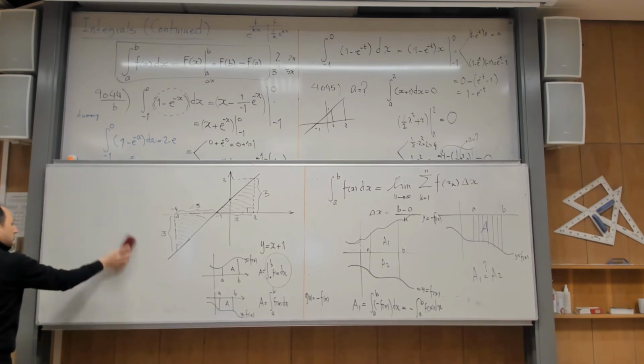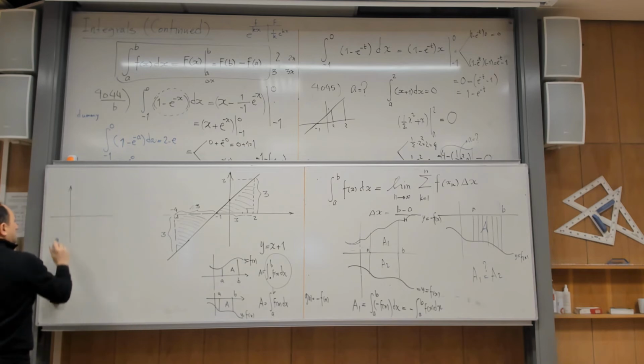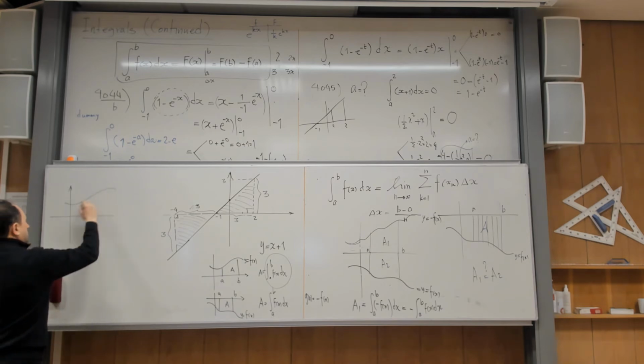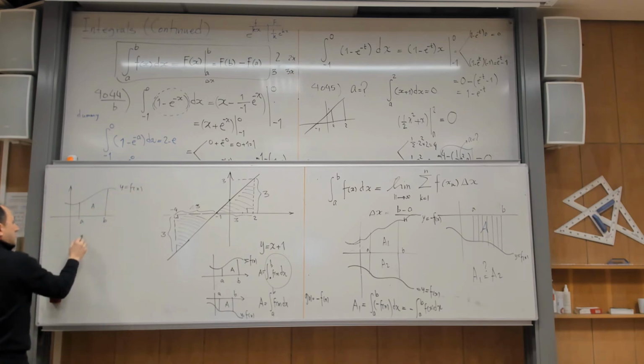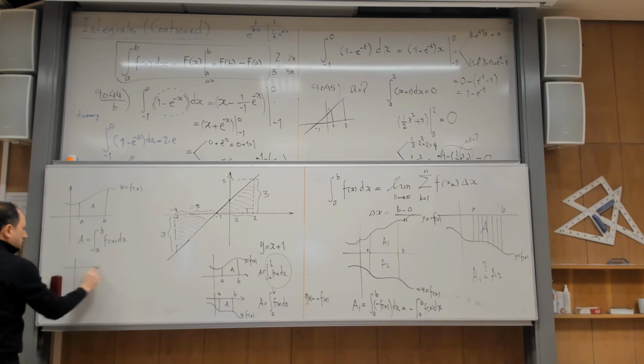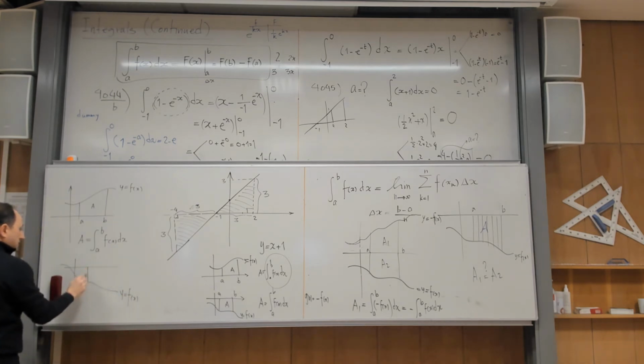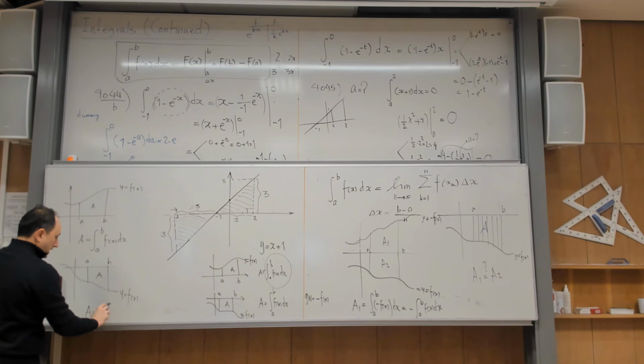So if I tell you, what is the integral from, let me just draw this picture. So you can just draw it somewhere for yourself. If that is A, this is A to B, y is equal to f of x. So this area is exactly equal to this. But if you draw this picture, for example, if this is y equals f of x, and this is from A, this is from B, and this is A, this area is not exactly equal to the integral, it's negative of the integral.